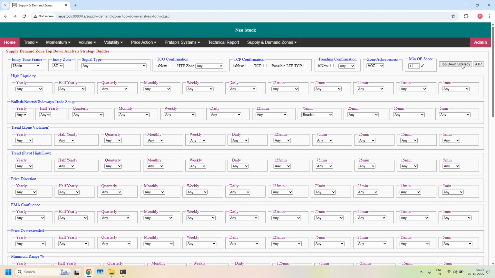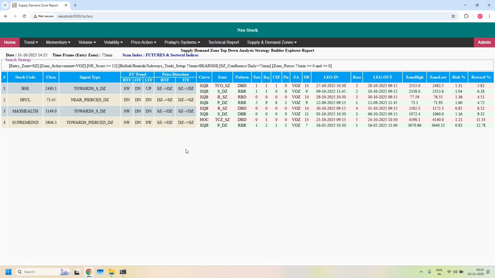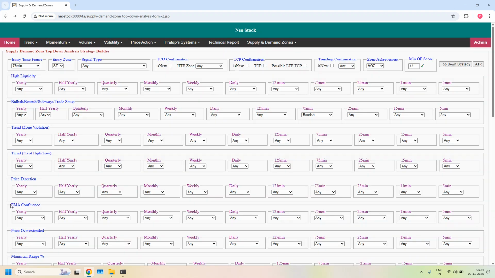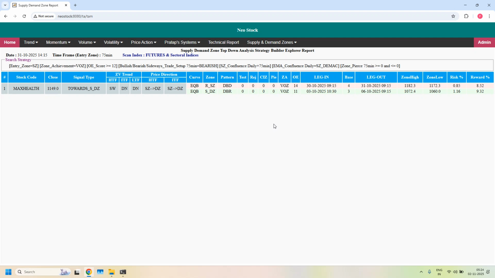By applying the filter on the 5 stocks, we got 4 stocks. In all the 4, 75 minute supply zones overlapped with daily supply zone. And the daily trend is a downtrend in all the 4 stocks. Let's further filter based on daily supply zone having daily EMA confluence. So one stock is filtered.